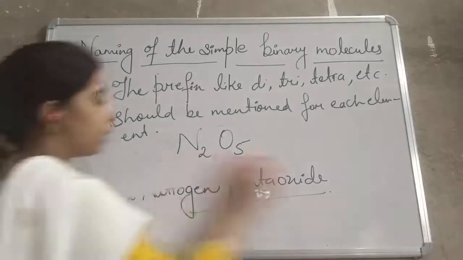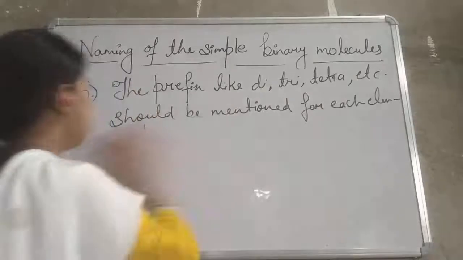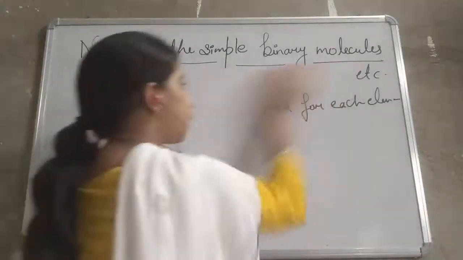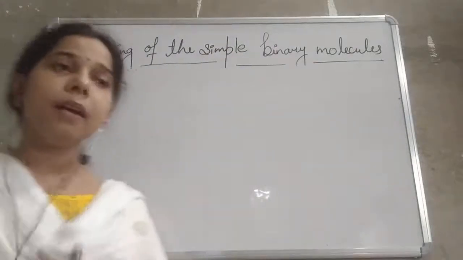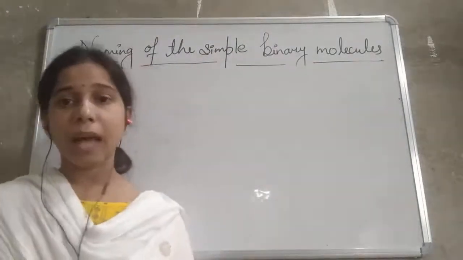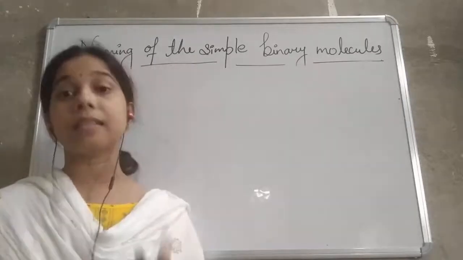Now if we see the third point of this naming of the molecular compounds. We are writing the prefixes here, but what happens if the first element is hydrogen?